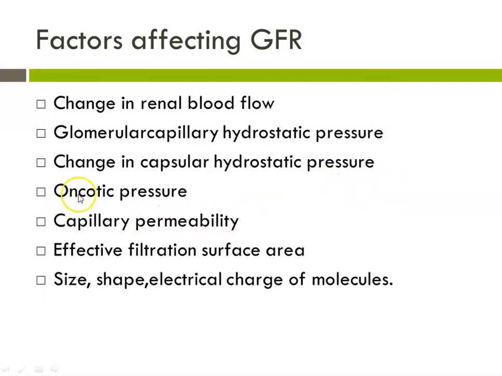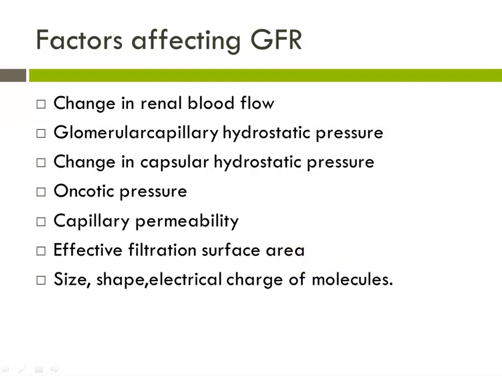Then oncotic pressure: in hypoproteinemia-like conditions, the proteins in the plasma are decreased. So if the protein is decreased, the GFR is increased. Then see the capillary permeability. You already know if the capillary permeability increases, GFR also increases. Next, come to the effective filtration surface area.